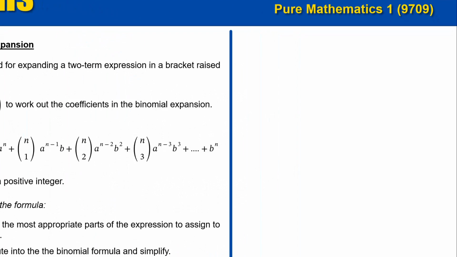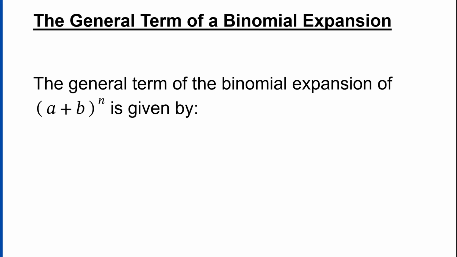So next, we want to look at the general term of a binomial expansion. The general term of a binomial expansion, (a + b) to the n, is given by u sub r+1 is equal to n choose r of a to the n minus r of b to the power of r.